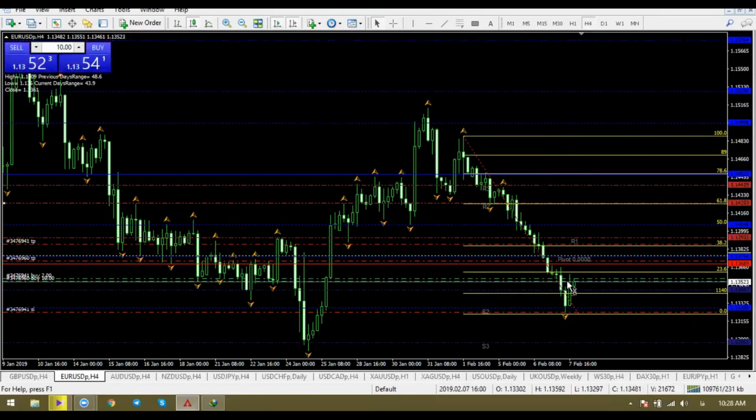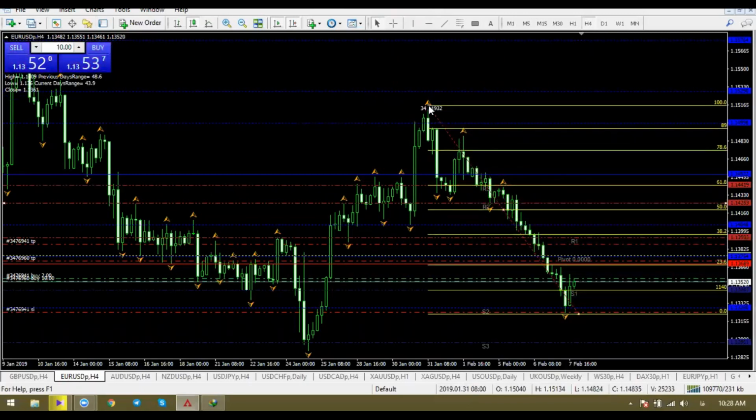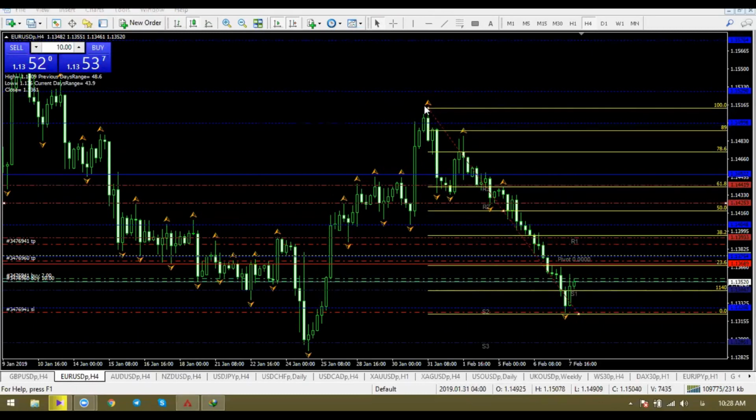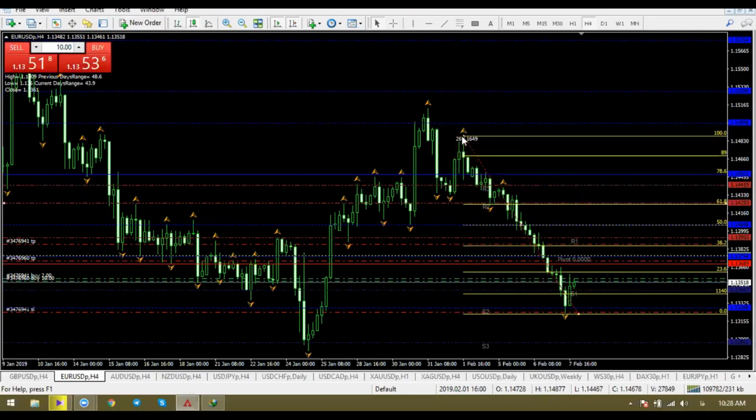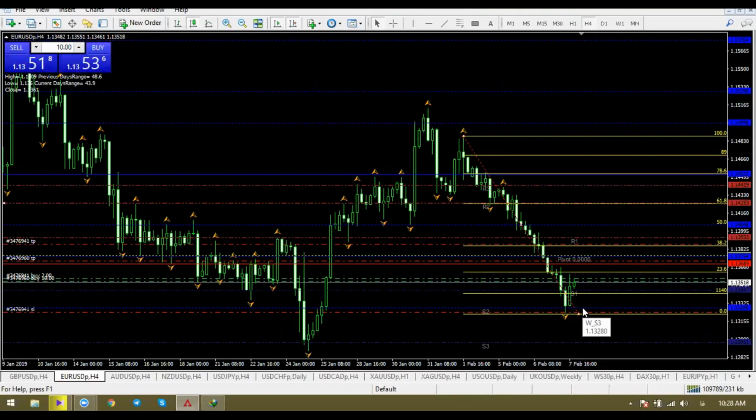Like I drew my minor Fibonacci in 4 hour time frame. I tell you why I drew it here. So the last 2 peaks is the minor Fibonacci.